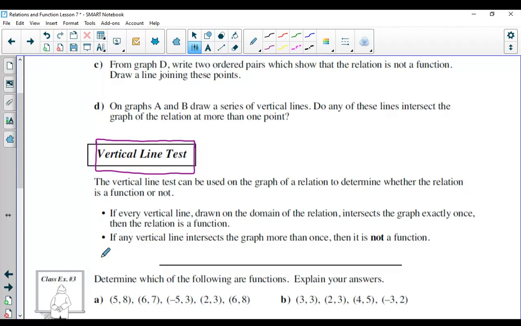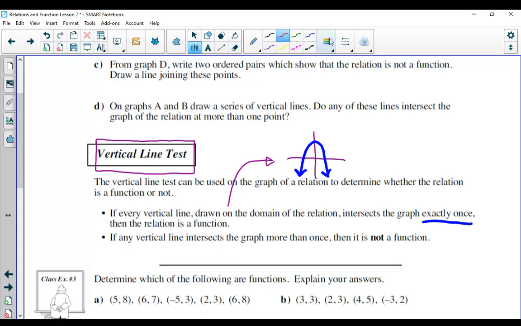So let's say you had a graph that looked like this. Here's my XY axis, and you have a graph that looks like this, a curve shape. Now, the vertical line test basically means that if you put a vertical line anywhere on the relation, and it only intersects the graph one time, then it's a function.